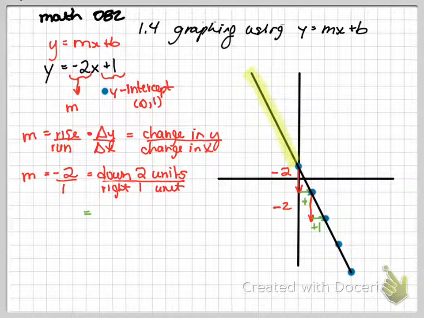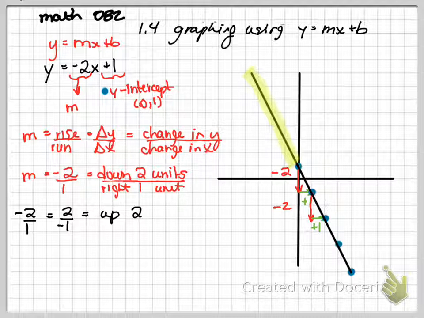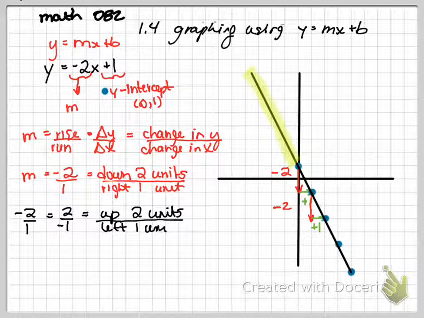Well, you might recall in Math 081, we learned that -2 over 1 is exactly the same as +2 over -1. So what I could do is I could go up 2 units, right, which again would be positive. And then, to get that negative sign in there, I would go left 1 unit.